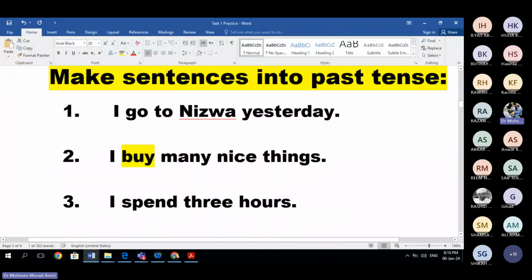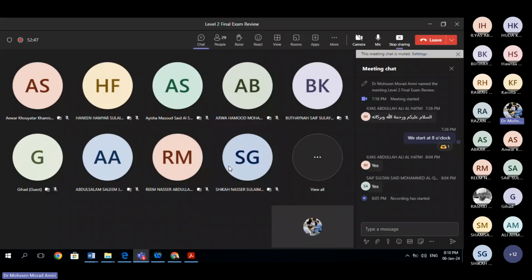I know many of you know about the past tense, but we will try to make these sentences into past. So I want some students to participate. Okay, who wants to be the first one? Raise your hand. Who wants to answer my questions into past tense?